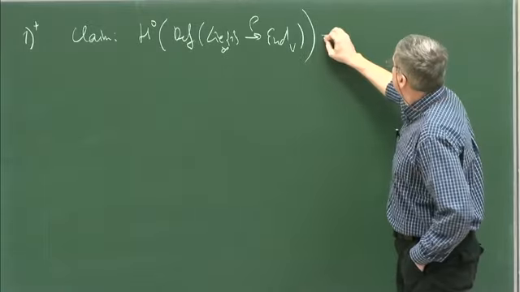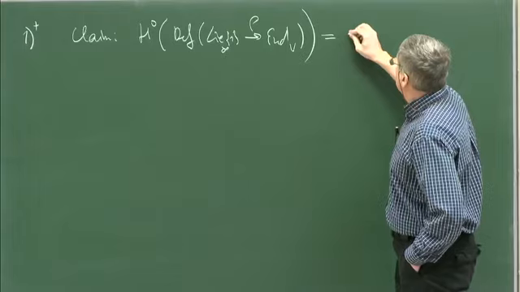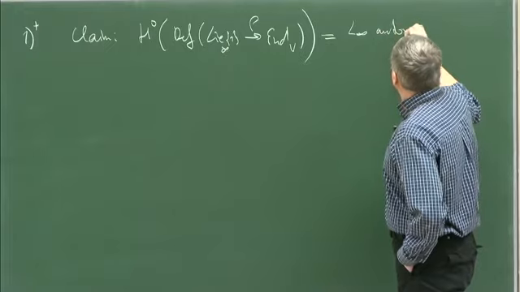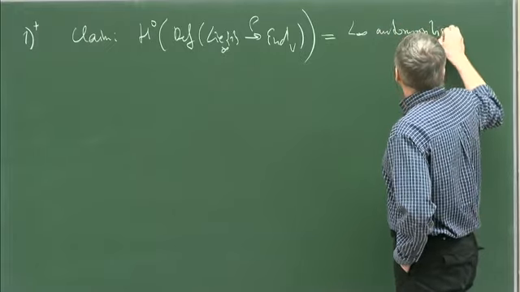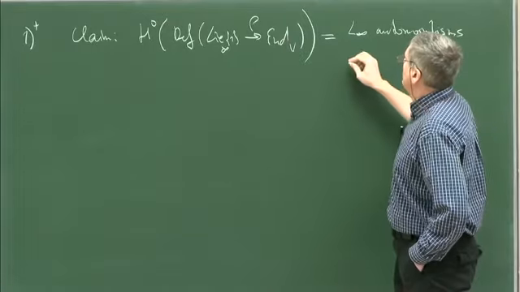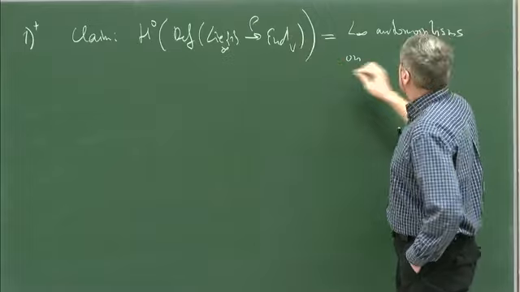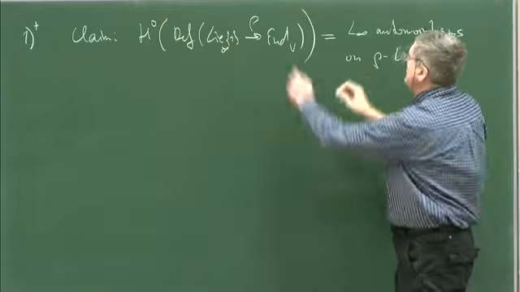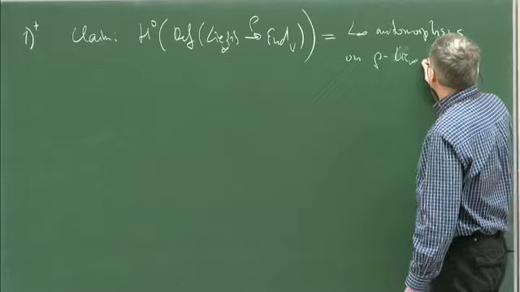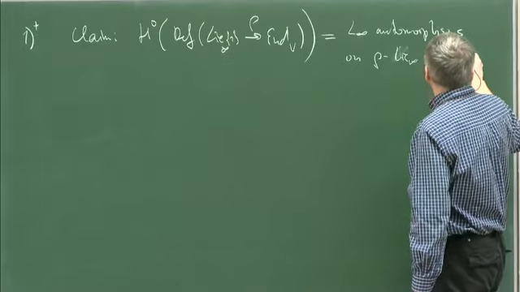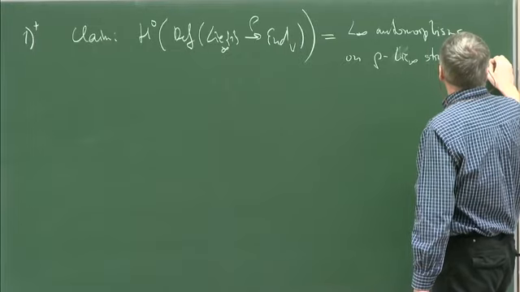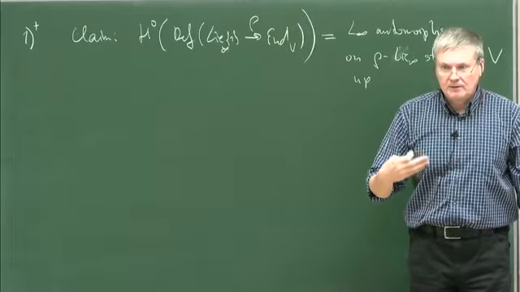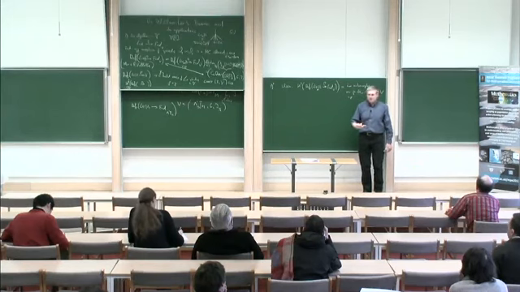The claim is this is precisely the Lie infinity automorphisms of rho, of a particular Lie infinity structure coming from rho, up to homotopy. In fact, it's the set of homotopy classes of Lie infinity automorphisms.